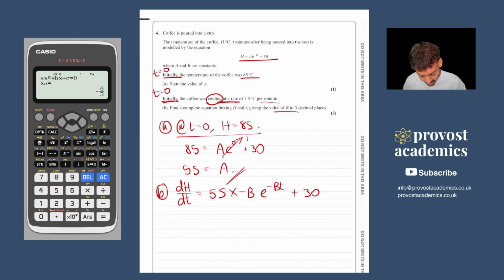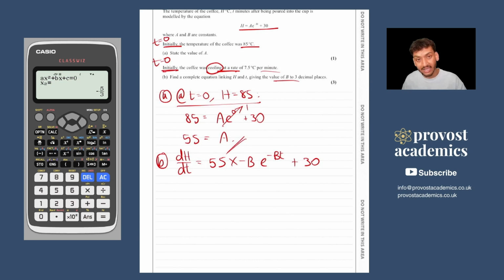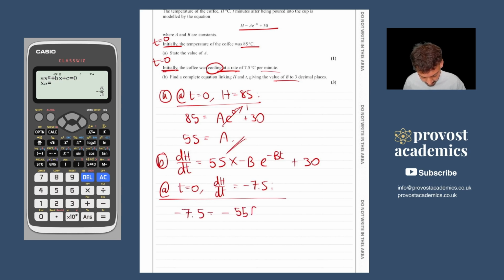Now we know that initially the rate is minus 7.5, so we can say at t equals 0, dh/dt is equal to minus 7.5. So minus 7.5 equals minus 55b. Sorry, there shouldn't be any 30 there because it's a constant and we differentiate it.